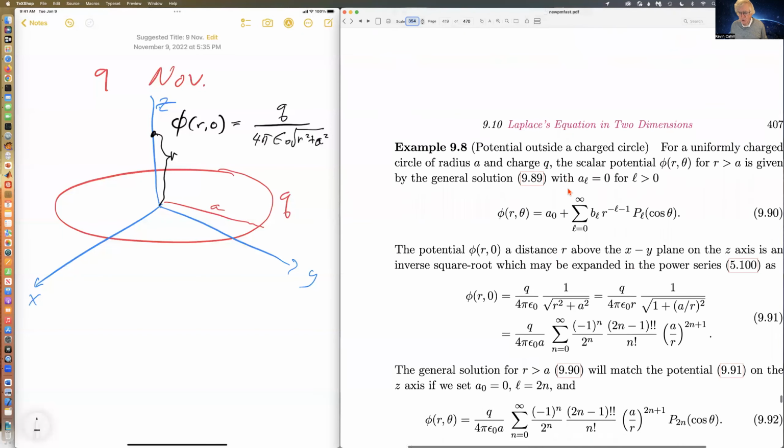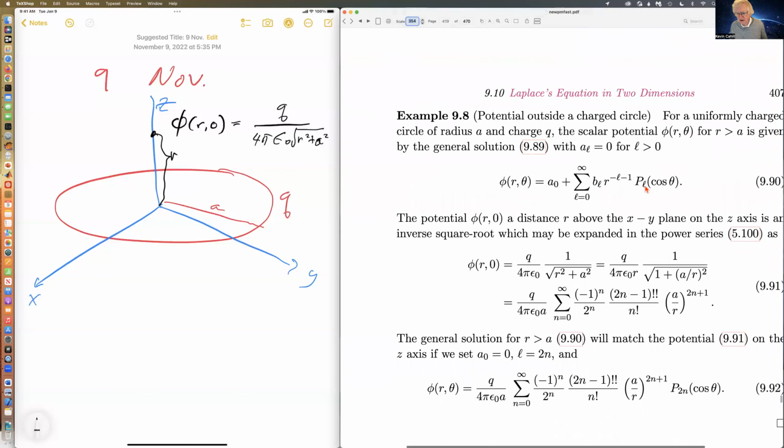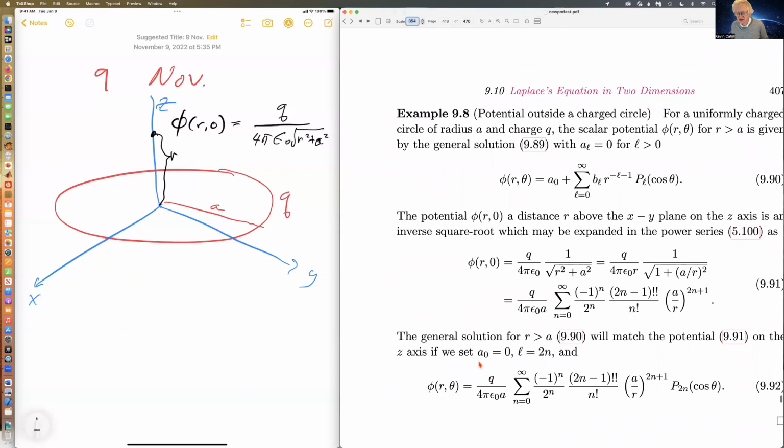And so what we do is we write it in this form, and then we set a0 equal to 0. But now what we do is we re-express this formula, recognizing that r is greater than a. So we pull out an r, and we have 1 plus a over r squared, where a over r is going to be small, or at least less than 1.